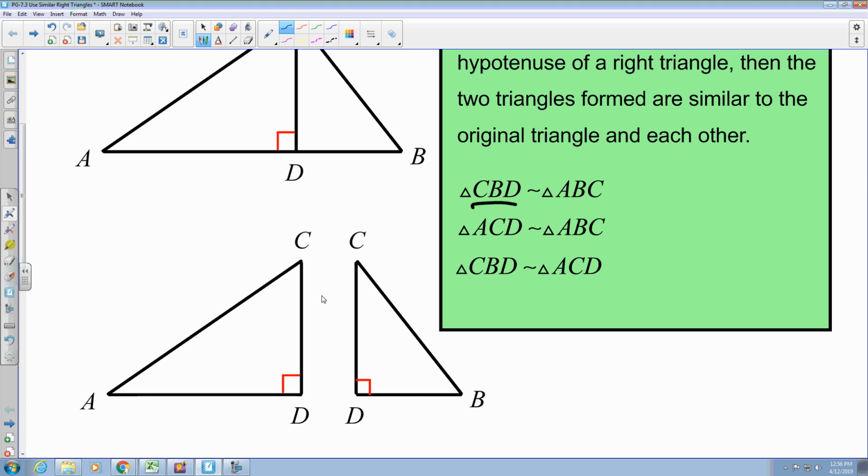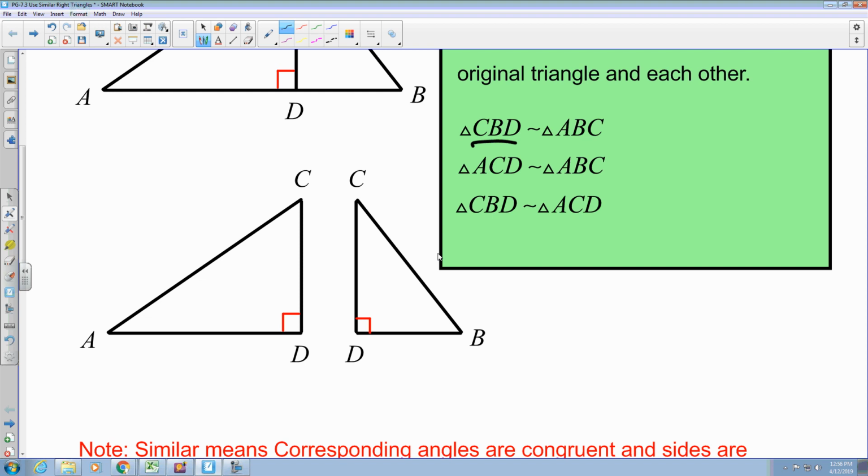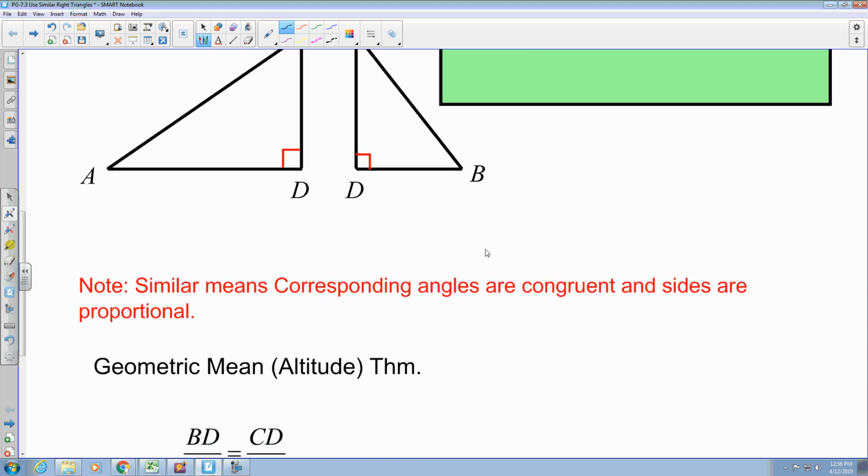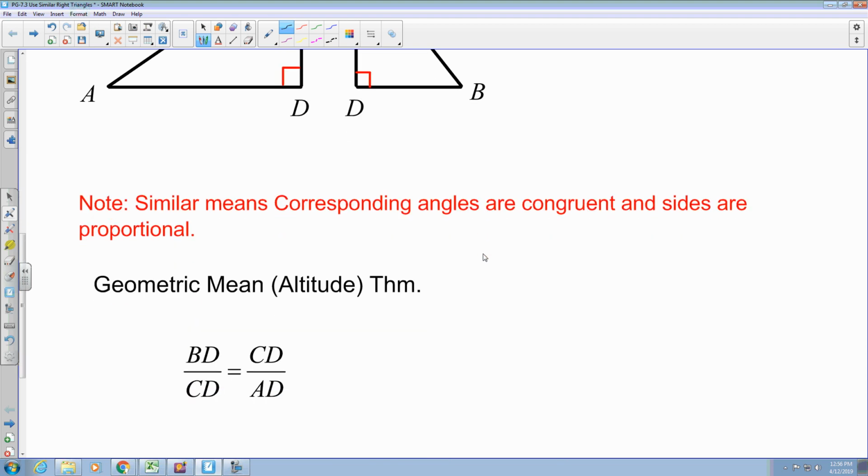Okay. One of the things we can take note of is that all the definitions of being similar remain the same. Corresponding angles are congruent and sides are proportional.